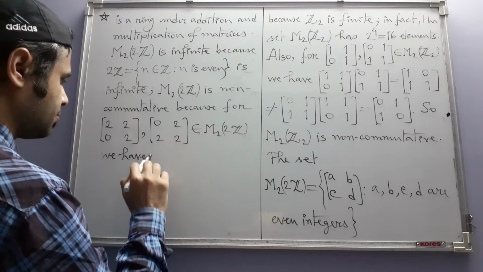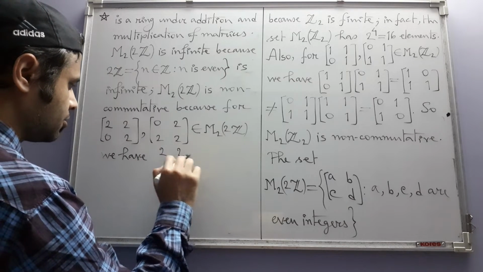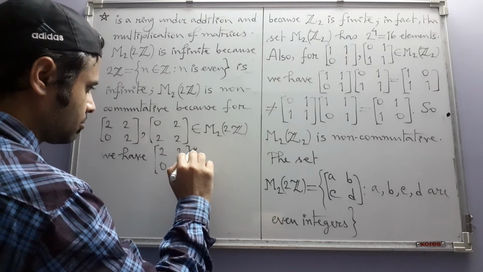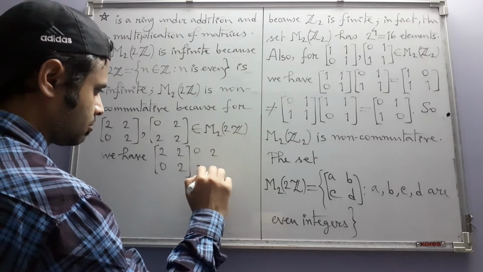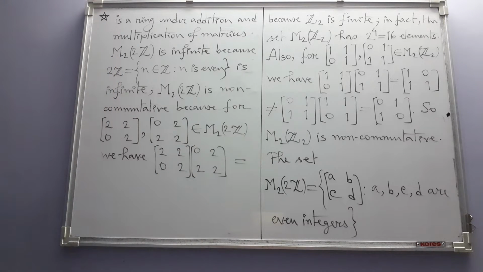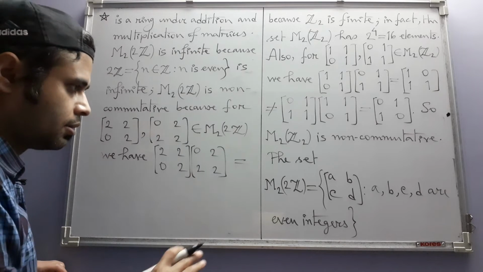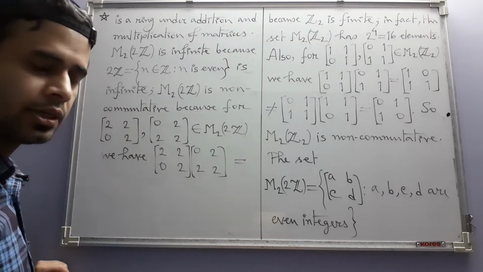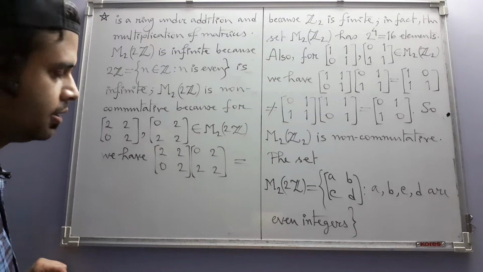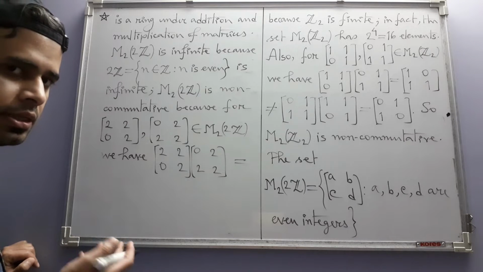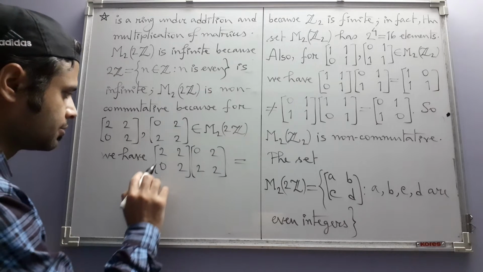We calculate the products. Okay, this time around the entries are ordinary real numbers or ordinary integers. So the addition and multiplication we have among the entries are ordinary operations.